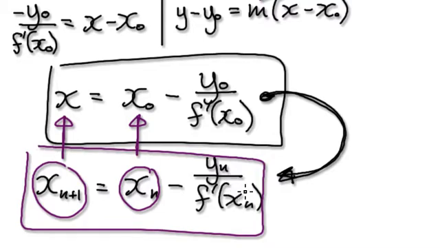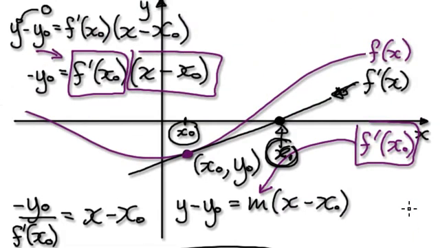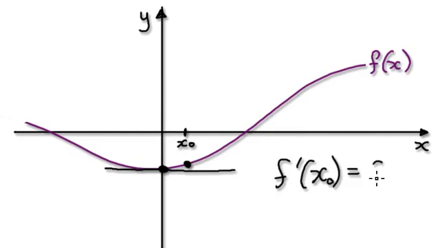Just bear in mind, make sure that f prime of xn does not equal 0, because if you get to this stage, if f prime equals 0 here, then your straight line will be horizontal like this.